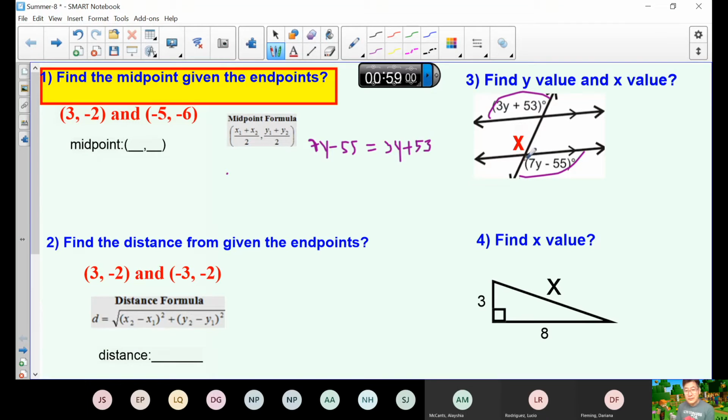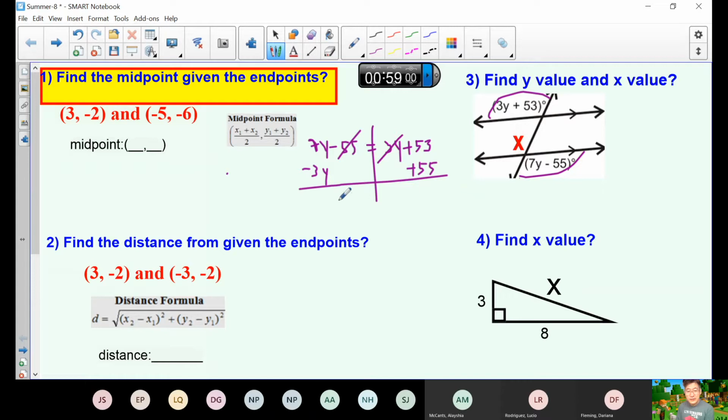Now think about it, because it's the same, we can set it up as equation. You cross out negative 3y, right? Cross out plus 55. And every time it jumps over the line, change the sign, right?